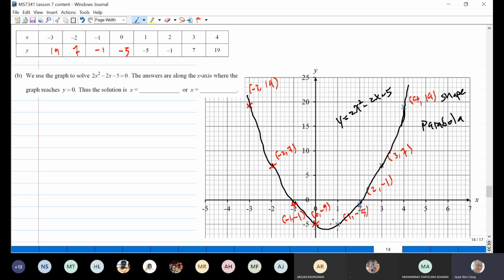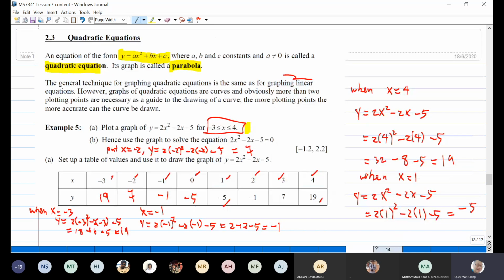Now I'm going to look at part B. Use the graph to solve 2x squared minus 2x minus 5 equals 0.